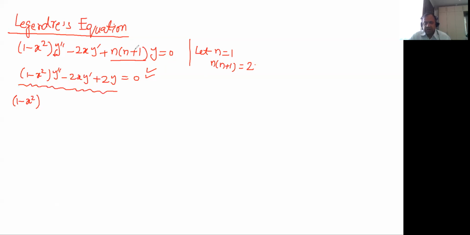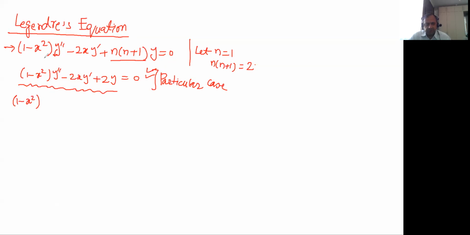So we can take different values of n, and then we can have different types of Legendre's equations. This is just one particular case of Legendre's equation. The general form of Legendre's equation is this.